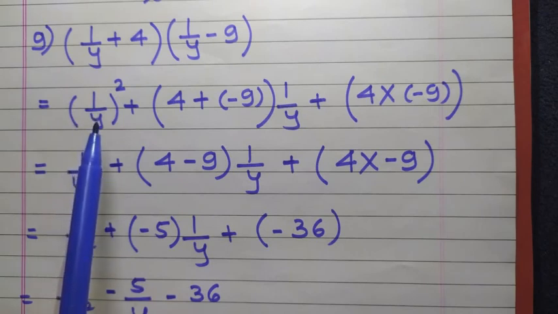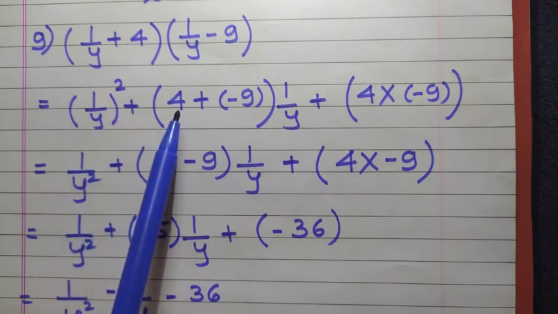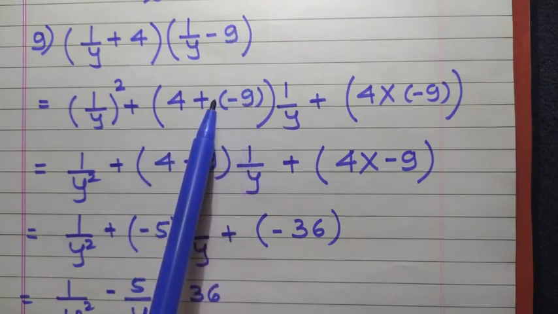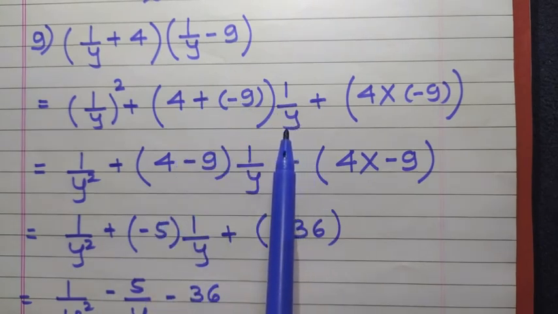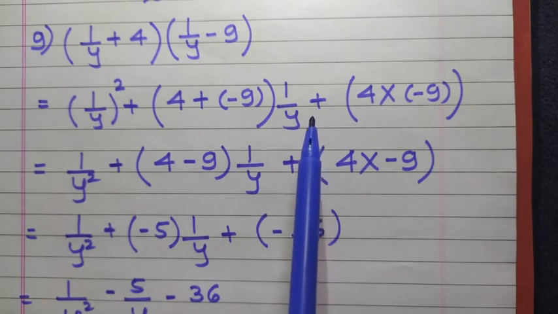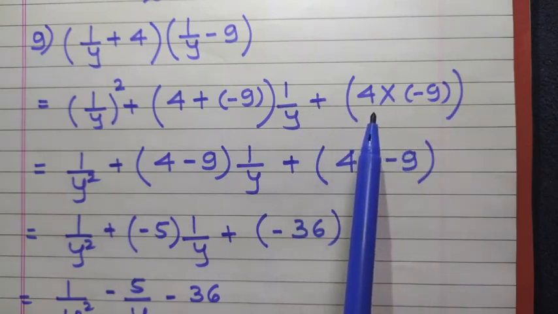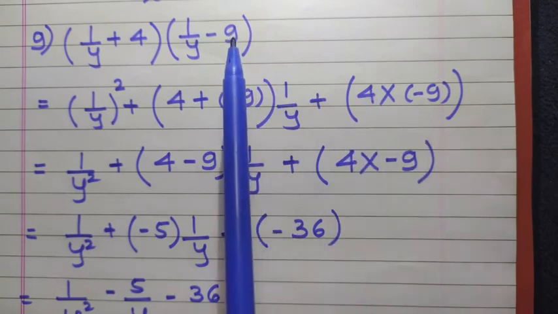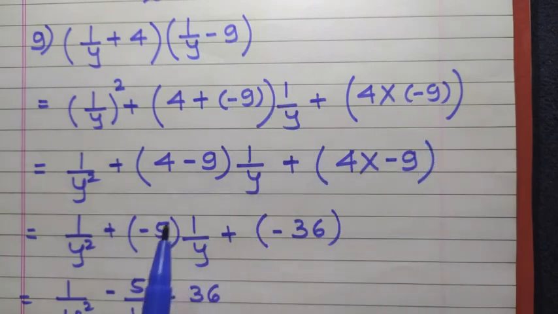What is the common term? 1/y. So it will be (1/y) whole square plus the addition of the uncommon terms, 4 plus the other uncommon term, minus 9. I have used a bracket into the common term 1/y plus the product of those two uncommon terms, 4 into the other uncommon term, minus 9. It is minus, so I have used a bracket once again here also.